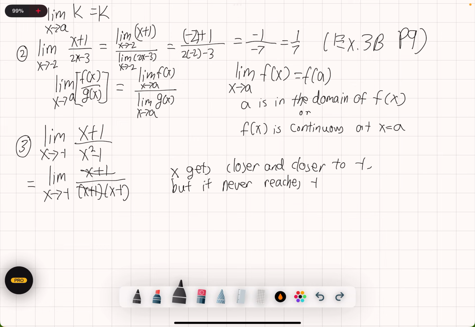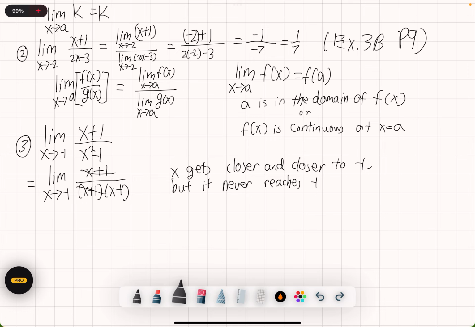F of a is undefined because it has a denominator of 0. So we can only estimate the value as x gets closer and closer to negative 1.